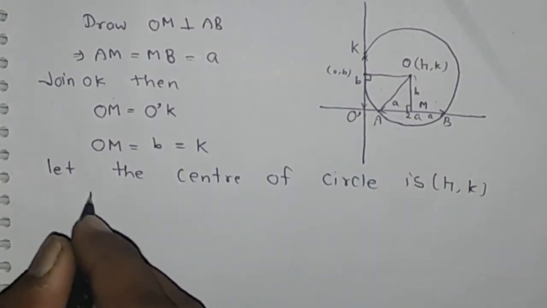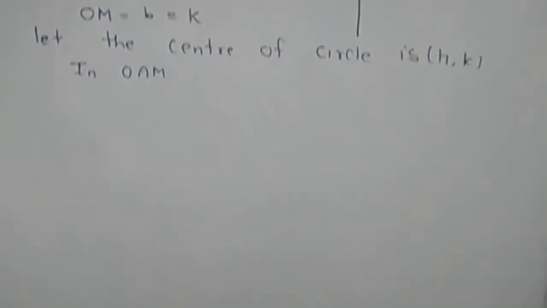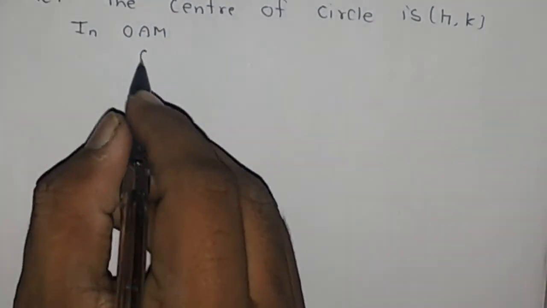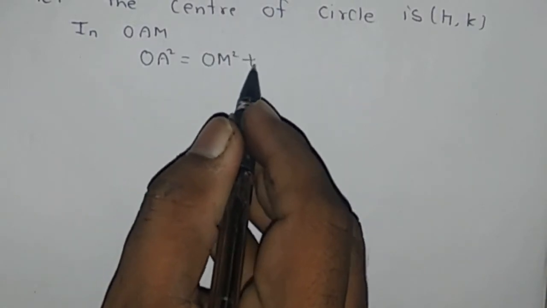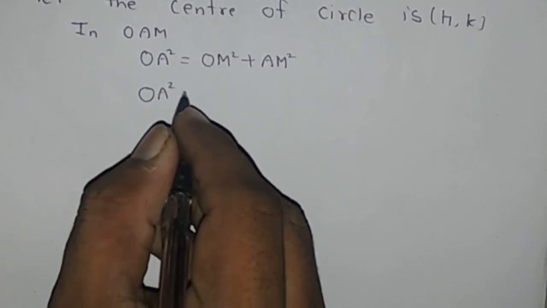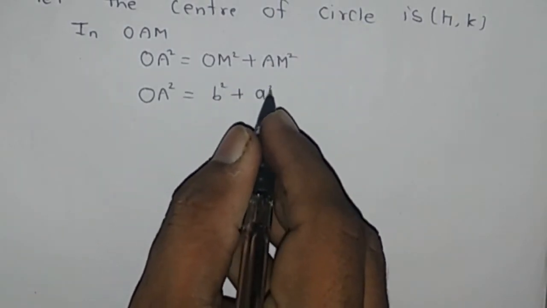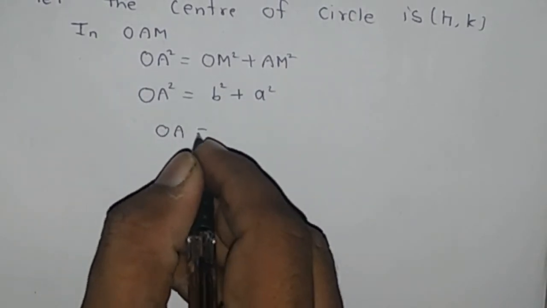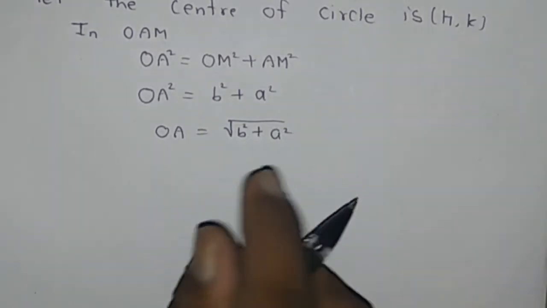Now in triangle OAM, OA square is equal OM square plus AM square. OA square equal, OM is b and AM is a. Then OA equal square root b square plus a square.